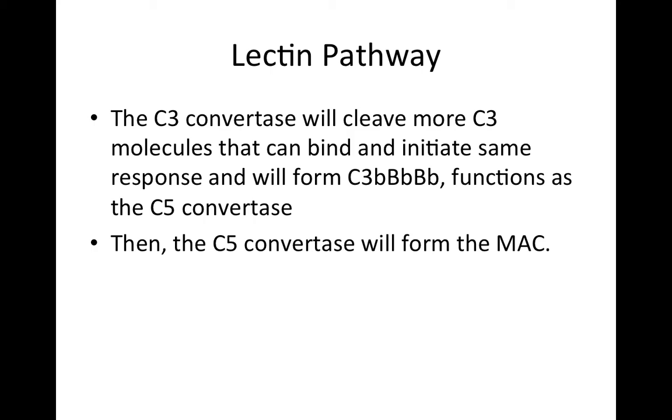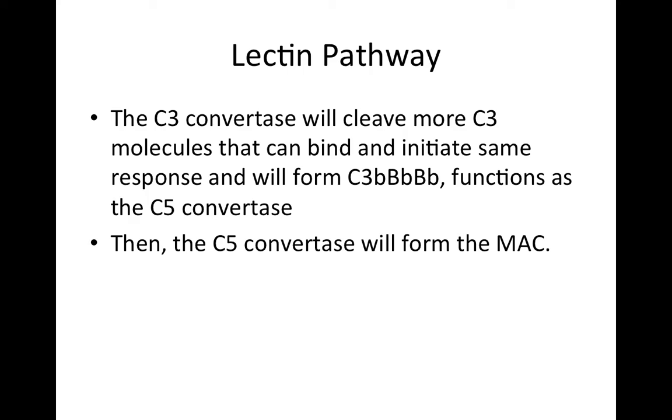But the alternative pathway is different because it's spontaneous, since C3 is always fragmenting. Under normal conditions, when we don't have a pathogen in our bodies, our normal cells have an inhibitory protein that can deactivate the C3b molecule if it tries to bind.